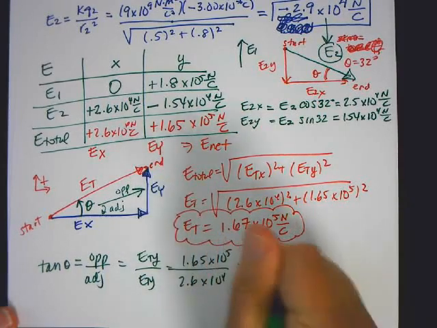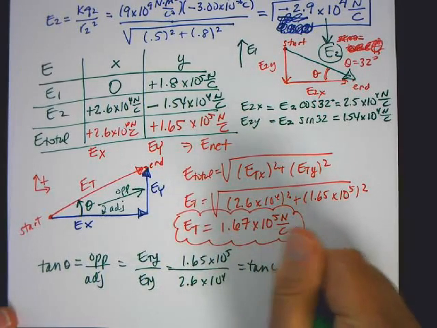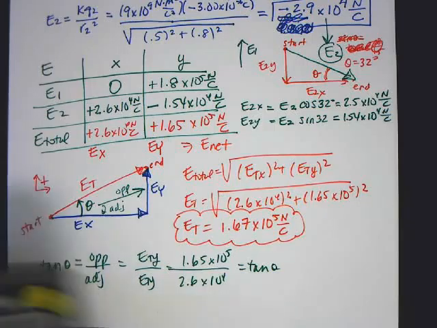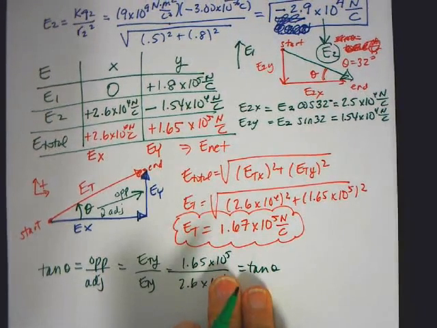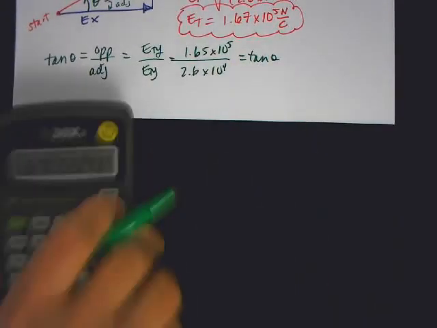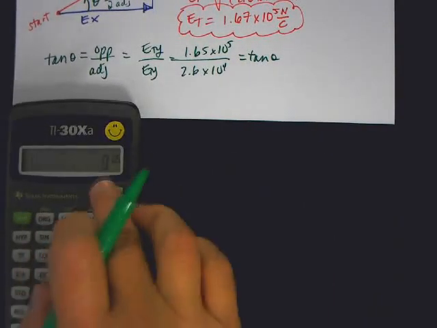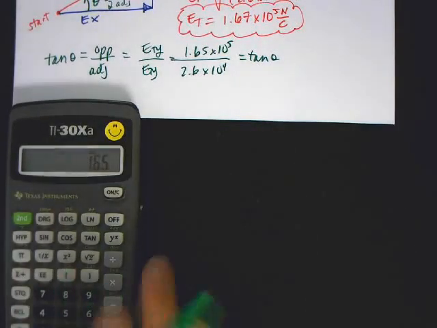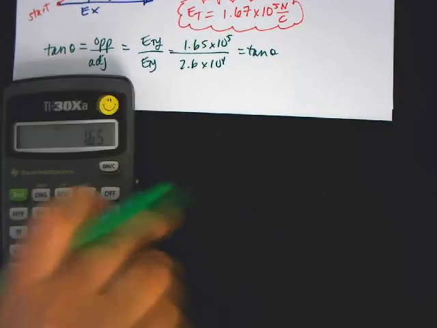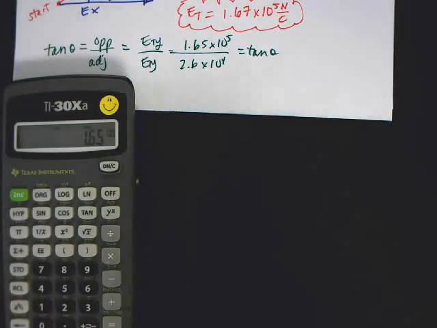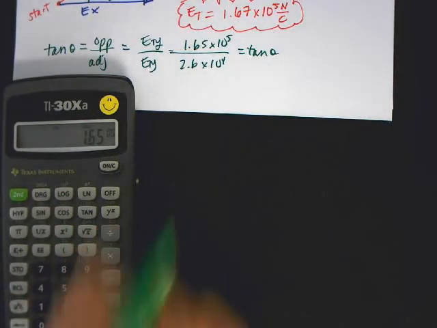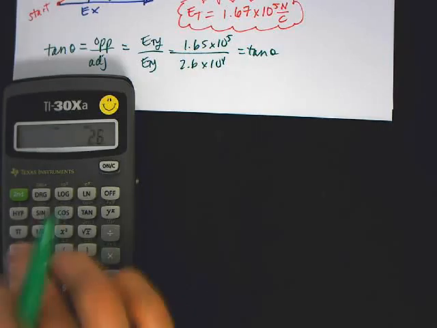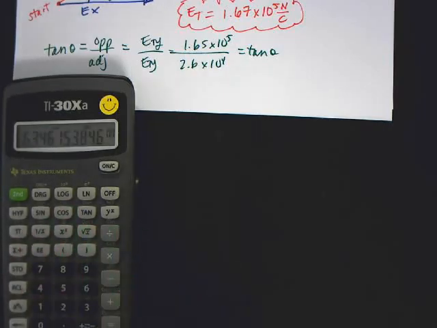So now on my calculator, I'm going to say 1.65 EE5 divided by 2.6 EE4 equals, and that gives me 6.3, but that's the tan.